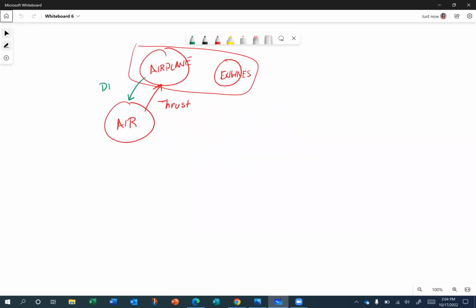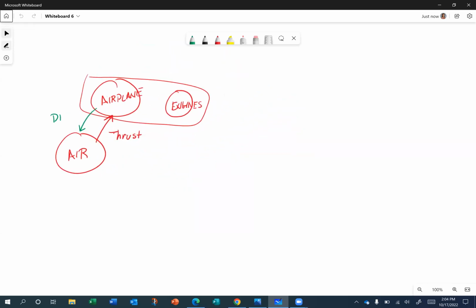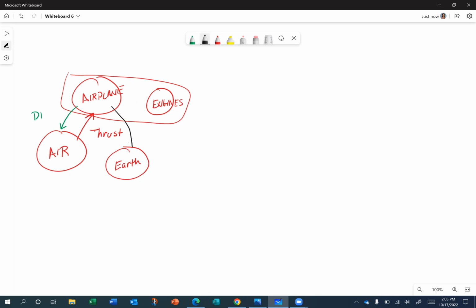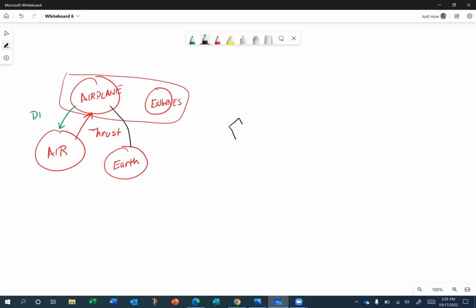And of course, also in our system, we always have the earth, right? So we have the earth that's going to cause the force of gravity on the airplane. So if we draw all these forces and we have our airplane flying through the air, we have a thrust force pushing it forward, and we have our drag force resisting it.